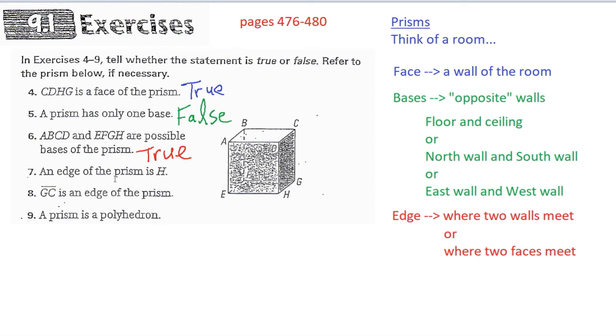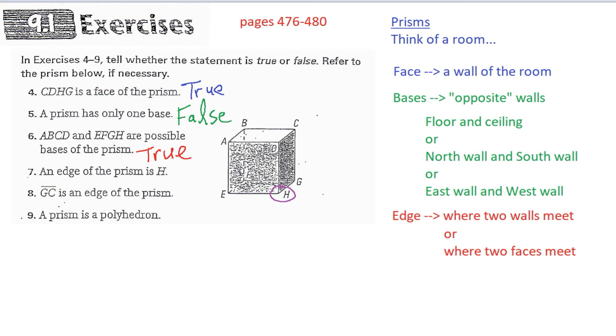So it says an edge of the prism is H. Now when they say H, they're only talking about a single point. They're just talking about H right here. And I say, well, I guess it's where two walls or two faces meet, but this should be only two walls or only two faces. This might be better described as a corner of the room or a corner of the prism.